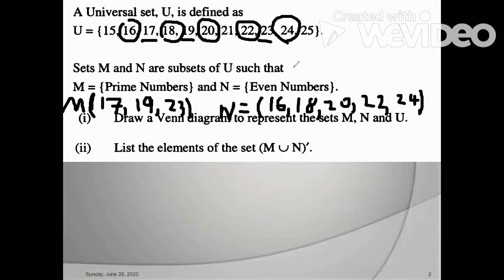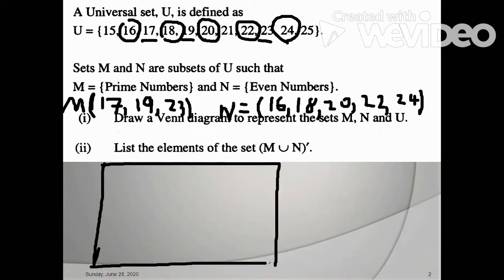Alright, so let's draw a Venn diagram. In drawing a Venn diagram, we use a rectangle, which represents the universal set, and the circles represent the sets themselves.